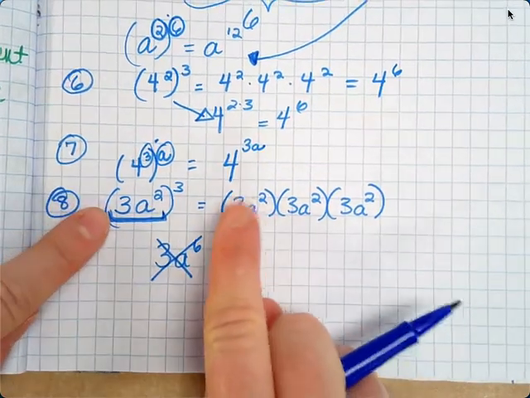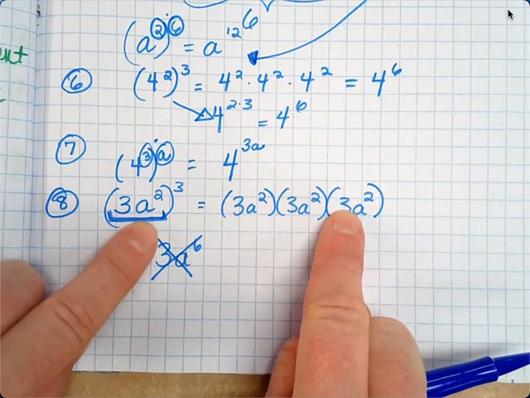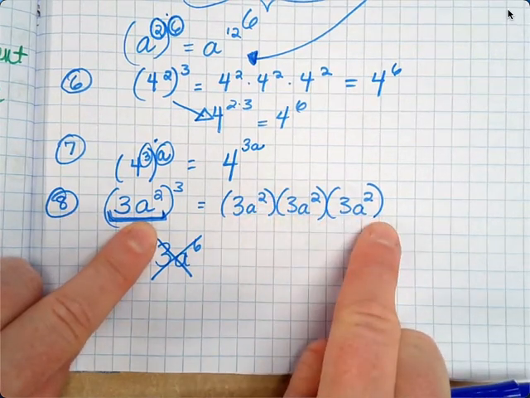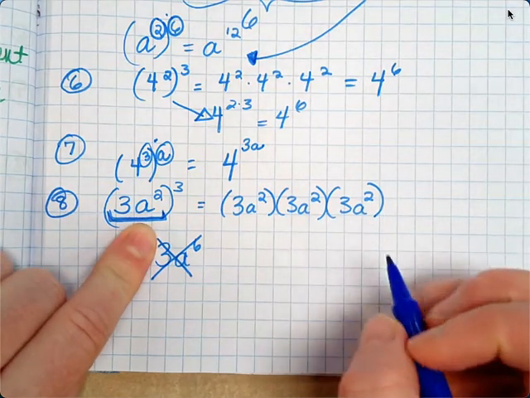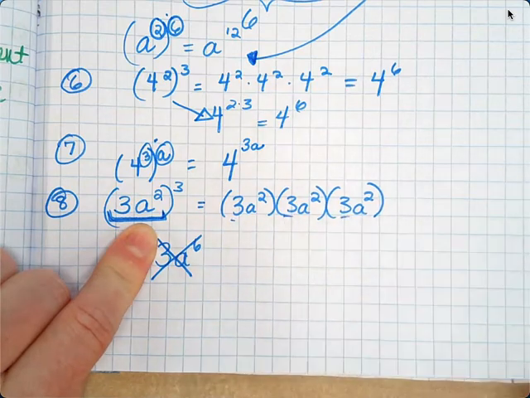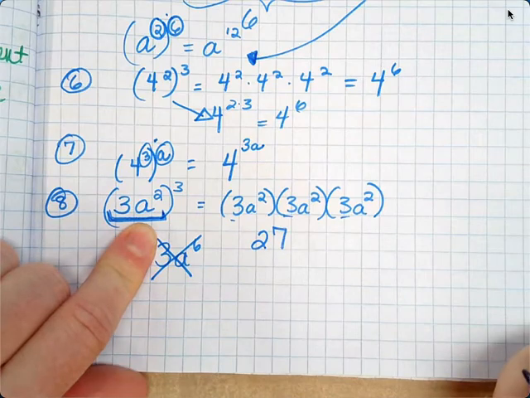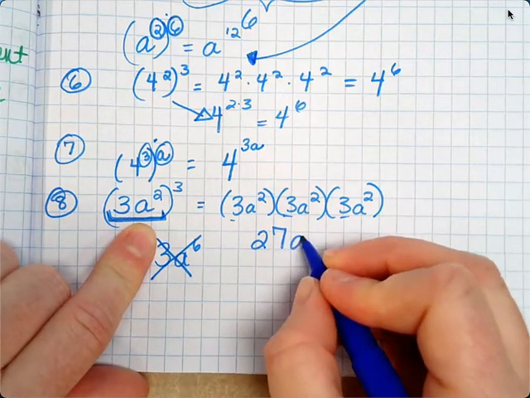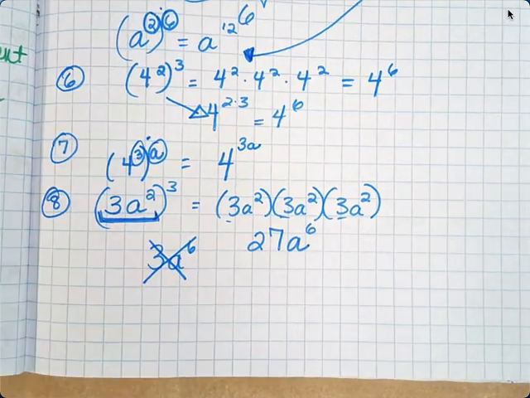It's 3, 1, 2, 3 times being multiplied. And it's a squared, 1, 2, 3 times being multiplied. So then what would it be? 3 times 3 times 3. 27, yeah. And then a squared, a squared, a squared. A to the 6.